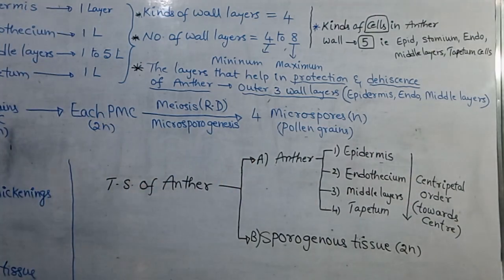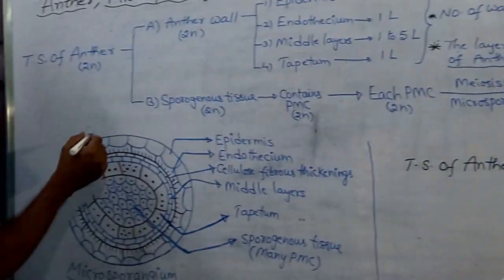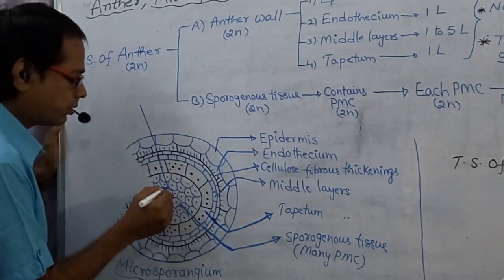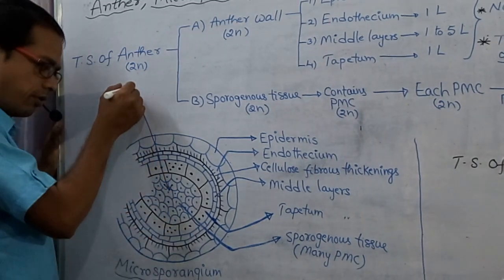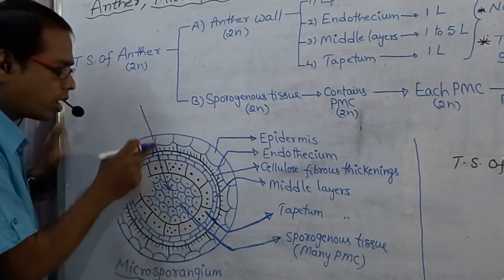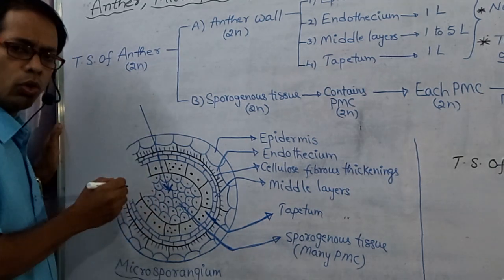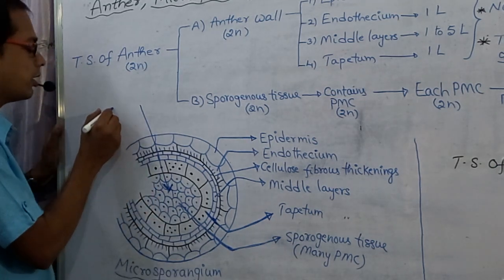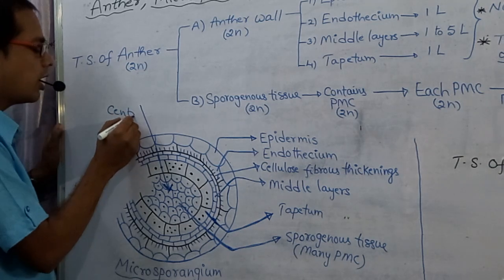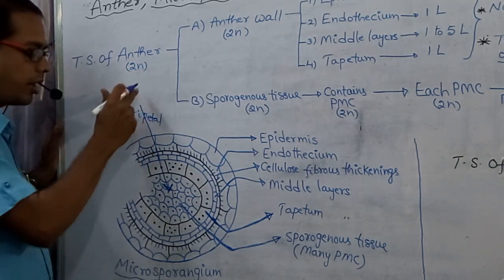Look at this figure, my dear students. See, from outer to center, towards the center. What do you call this type of arrangement? This type of arrangement is called centripetal.